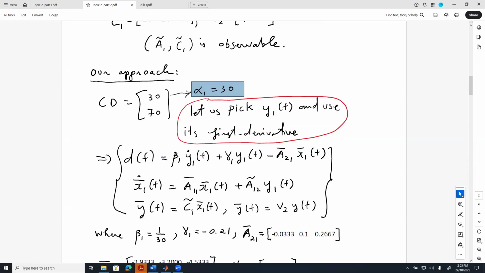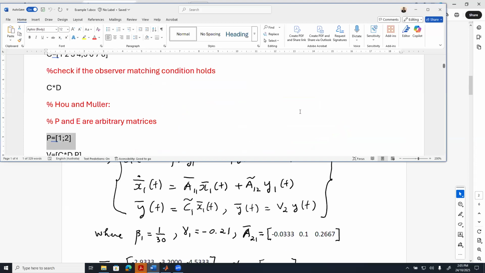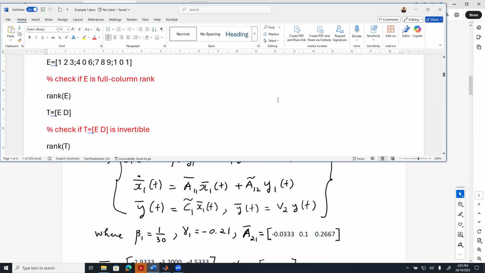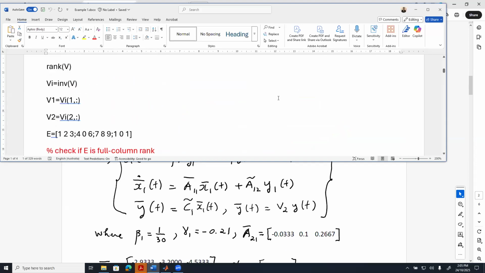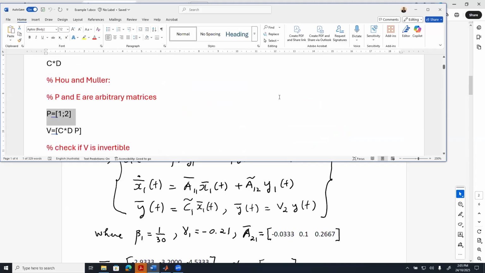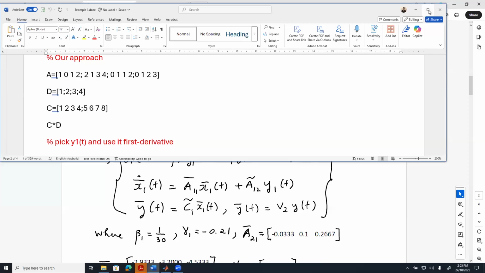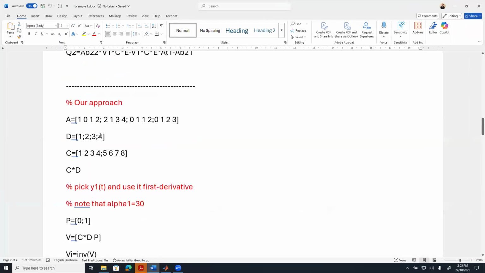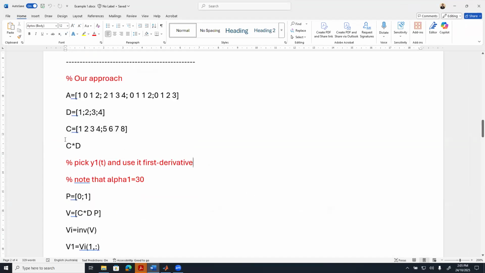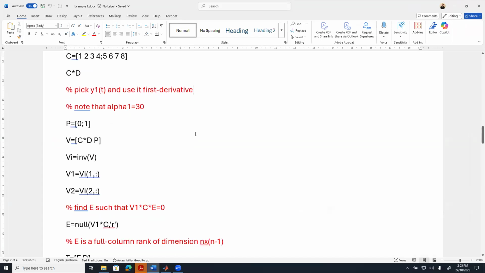So if we do the decomposition based on our approach, this is what we're going to have. So we have this coding based on our approach. Again, we just enter the matrices A, D, C, and we check to see if the observer condition is satisfied, where we got alpha 1 equal to 30.